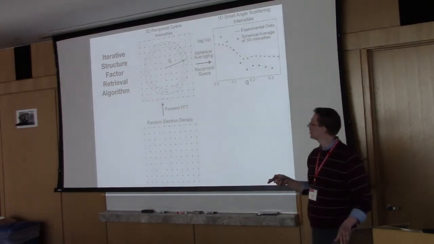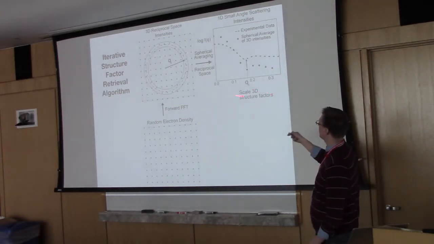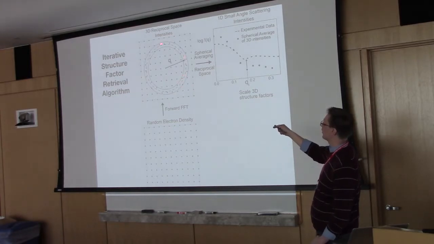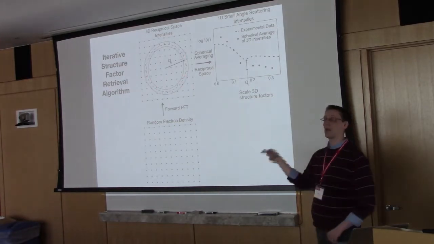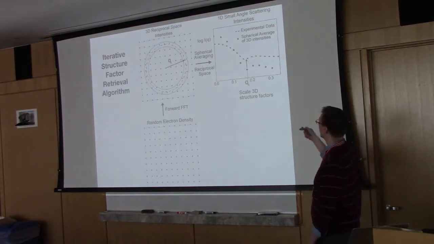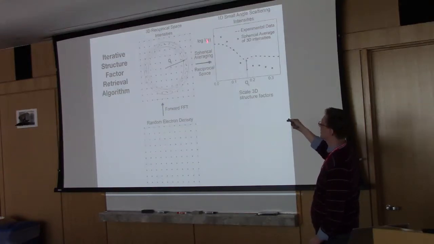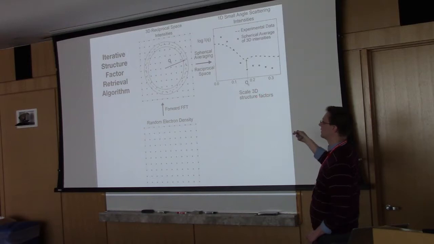The way that we do that is we scale the three-dimensional structure factors of each of the grid points all by the same number. That's the key. We scale all of the intensities within that concentric shell by the square root of the ratio of these intensities. Since this is intensity space and we're looking to scale the amplitudes, we do it by the square root of the ratio.